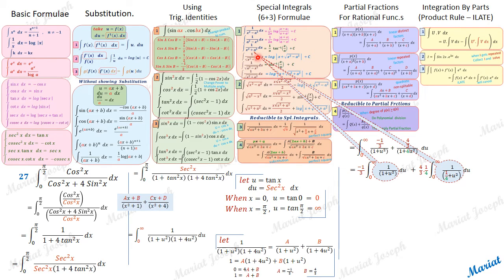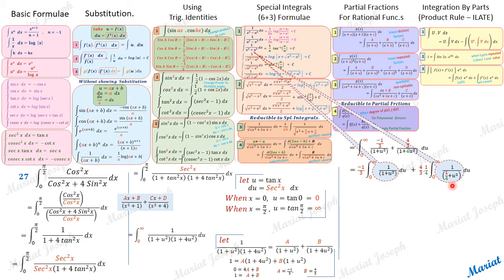Both of them we are going to integrate using this pattern, 1 upon x square plus a square, the tan inverse formula. But remember, in that formula, the coefficient of x square should be 1. Here it is okay, the coefficient of the second degree u square is 1, no problem, direct formula. But what about this? This one had the u square coefficient 4. First of all, make it 1 by dividing by 4.